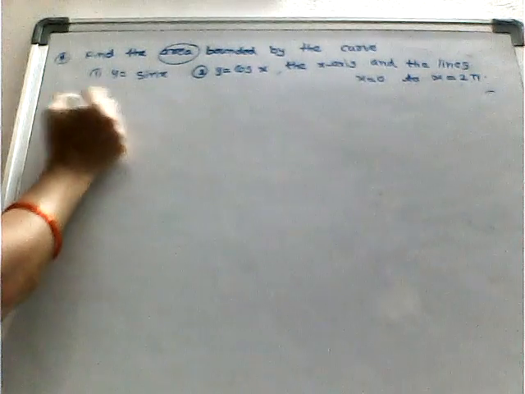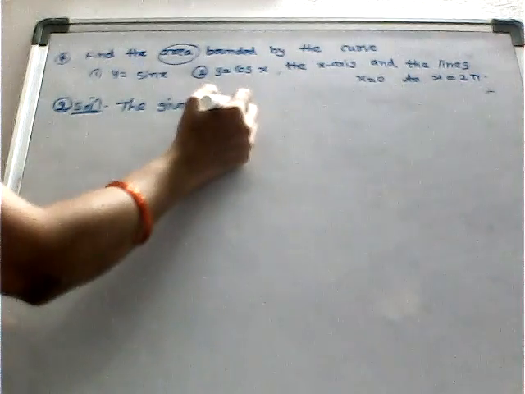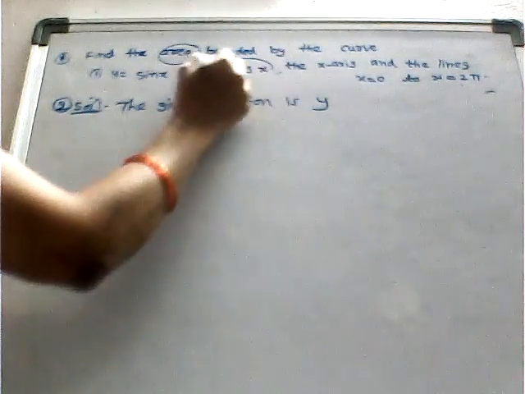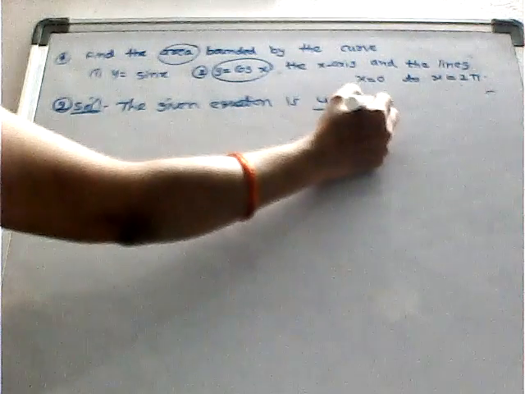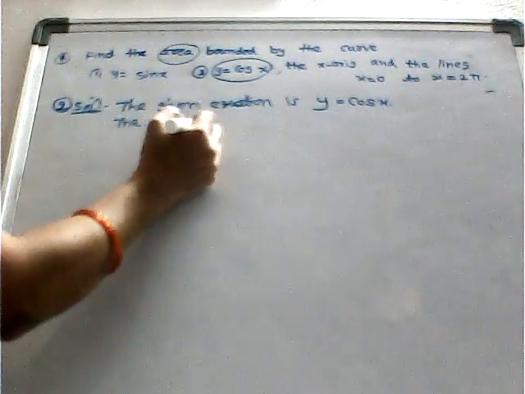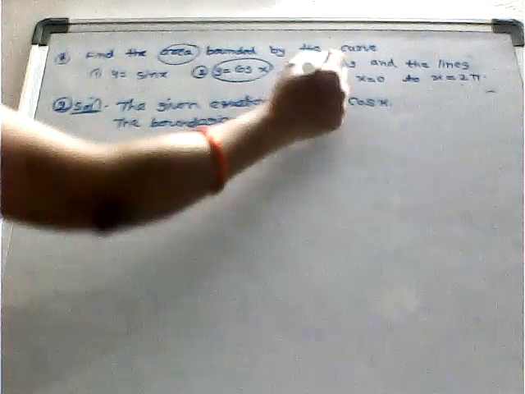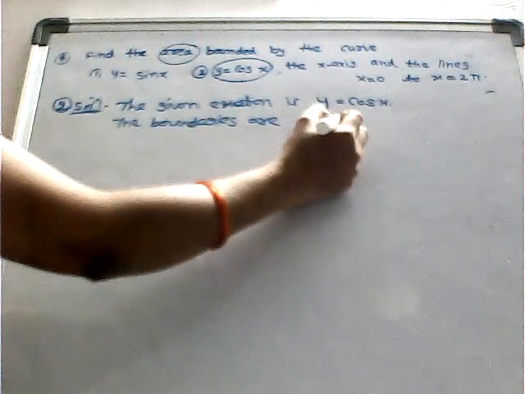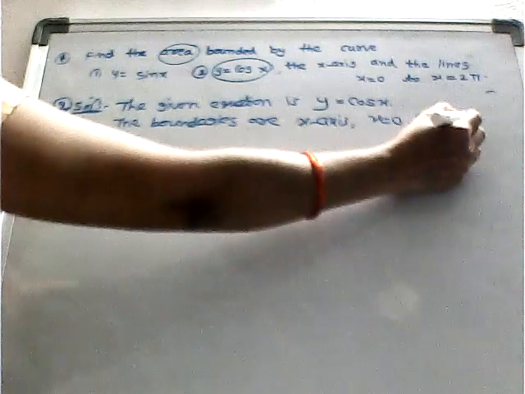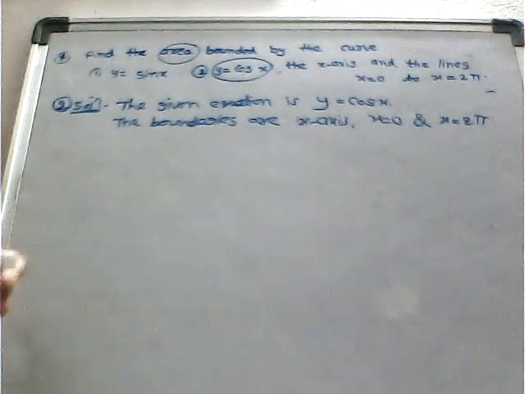The given equation is y is equal to cos x. The boundaries are the x-axis, the line x is equal to 0 and x is equal to 2 pi. We take the values 0 to 2 pi.